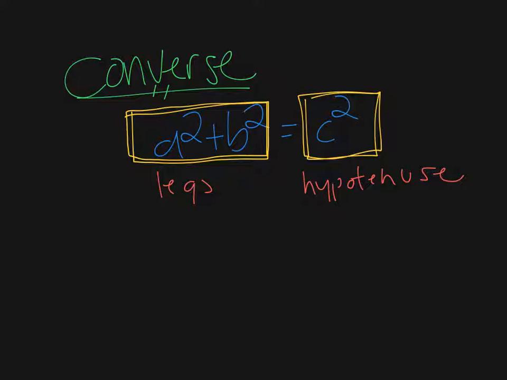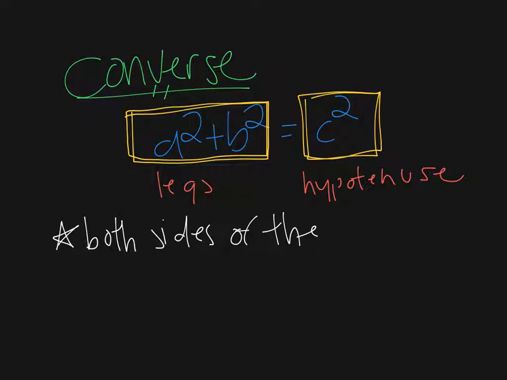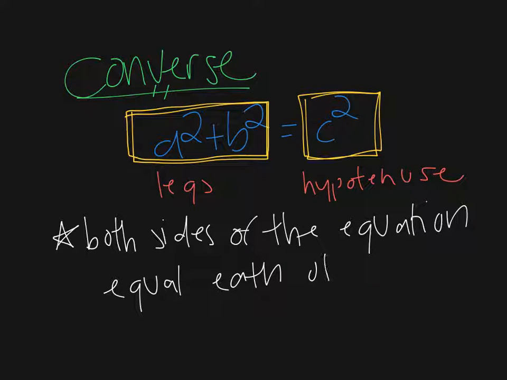So it's important to know, once again, that both sides of the equation equal each other. You don't have to write this down. This is just me explaining what some of this means. But when using the Pythagorean theorem converse, both sides equal each other.